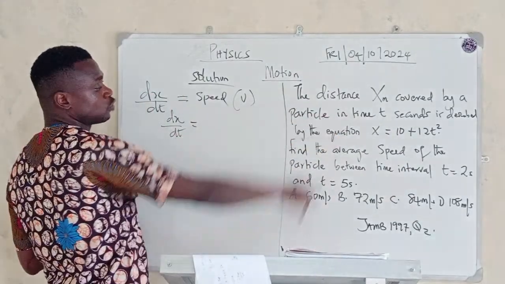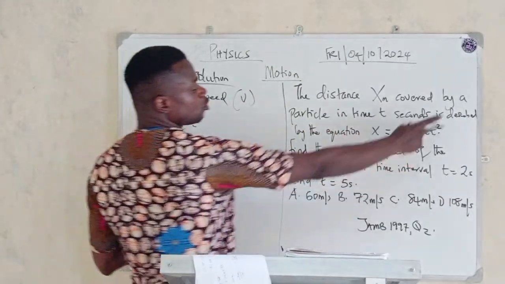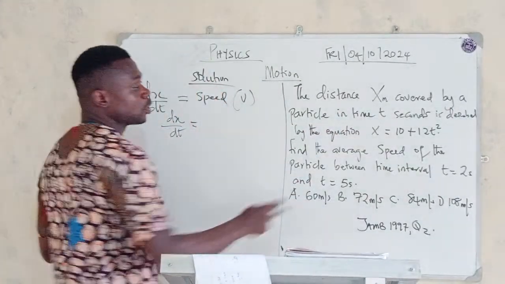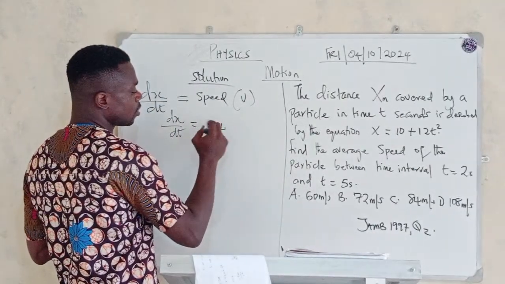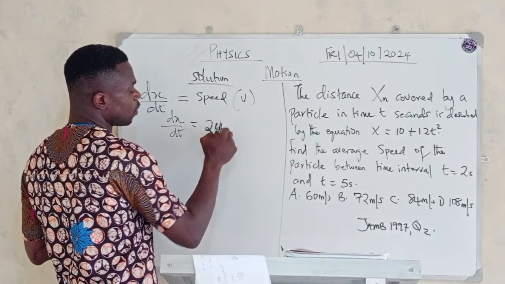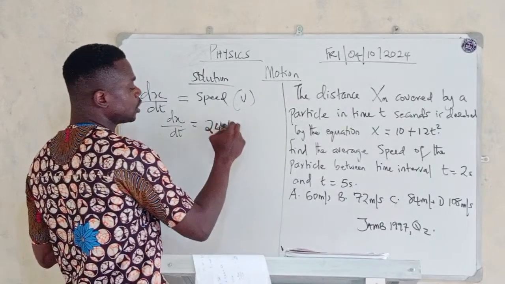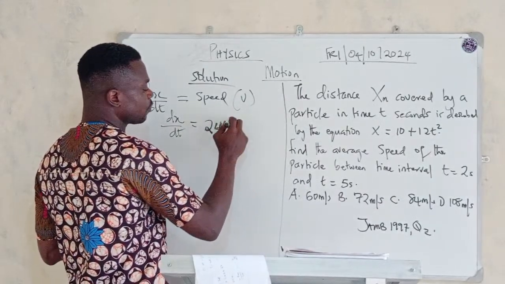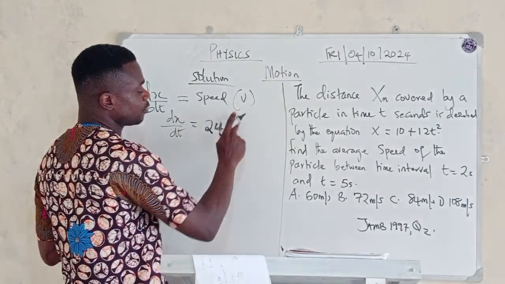So we are left with 12t squared. If you differentiate 12t squared, the 2 on top will come down and multiply the coefficient, you have 24, and you minus 1 from the power. So we have 24t. It's actually 24t raised to power 1, but because 1 is not visible, we clean it.